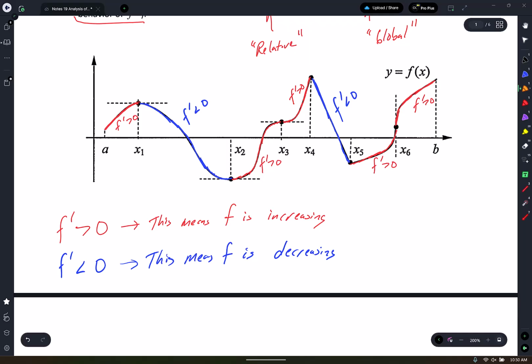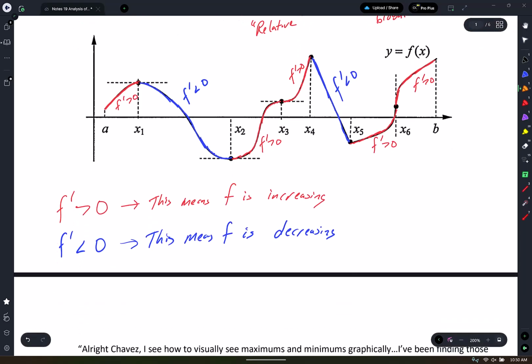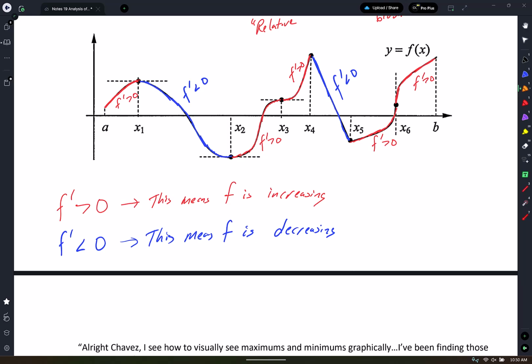I want you guys to notice something. Let's label what this is here. X1 is, let's use the word local or relative, it doesn't matter. X1 is a relative max. They're all relative. In a little bit, we'll talk about global. X2 is a relative min.